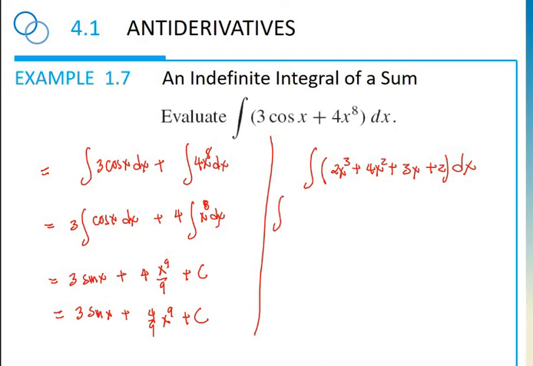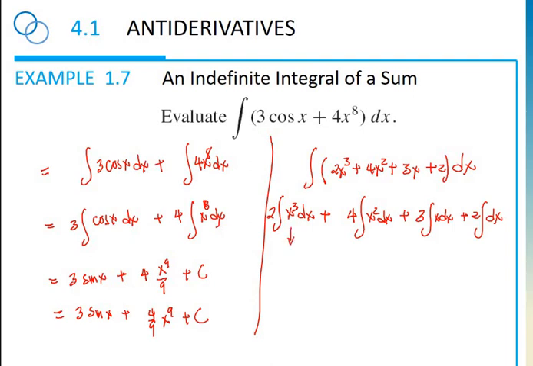The first one, you take the constant outside, and this will have x cubed dx, plus the second one, you would also take the constant outside, and that's going to be x squared dx. The third one, you would take the constant, which is 3, outside, and it will be x dx. And the last one, you would take 2 outside, and it's going to be the integral of dx. It's like there was a constant here. What's the integral of this fellow?